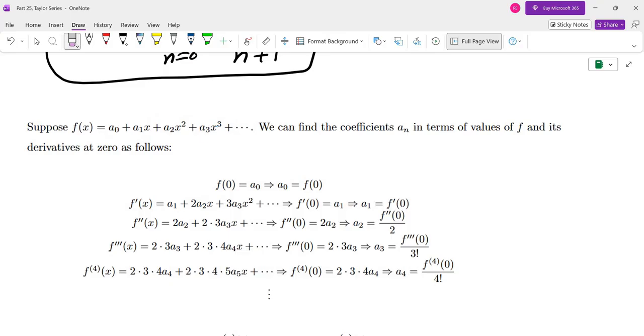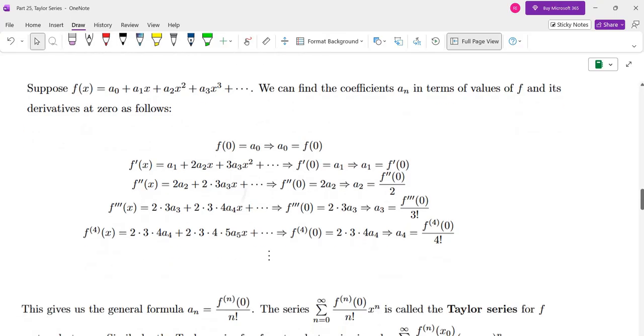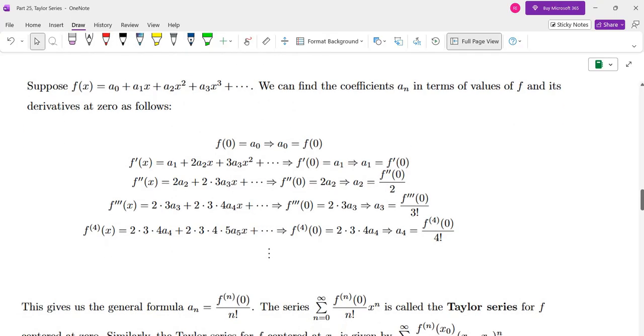So that coefficient a0 can be obtained as f(0). If you differentiate the function, a0 becomes 0, a1x becomes a1, a2x squared becomes 2a2x, a3x cubed becomes 3a3x squared. After you plug in x equals 0, all of these terms become 0, and we get f'(0) is equal to a1, so a1 is f'(0).